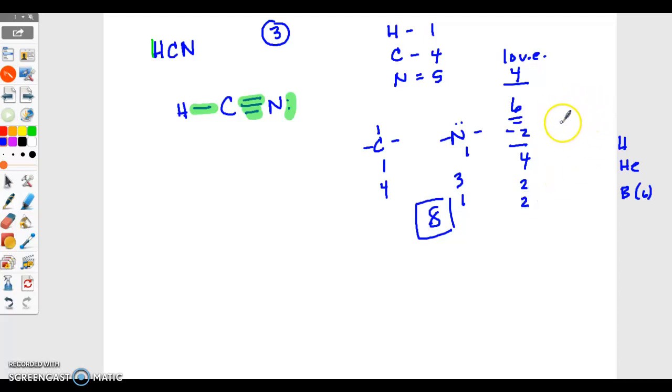Hydrogen likes to form 1 bond, and the halogens like to form a bond and have 3 lone pairs. If you keep all of those things in mind as you're working through Lewis structures and dot structures, it'll be tremendously helpful for you to get to the right answer.